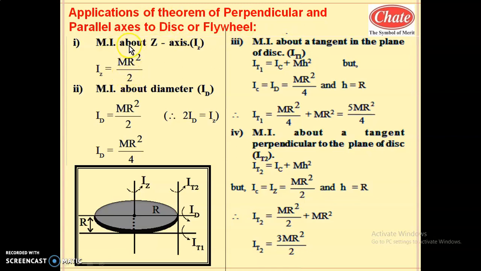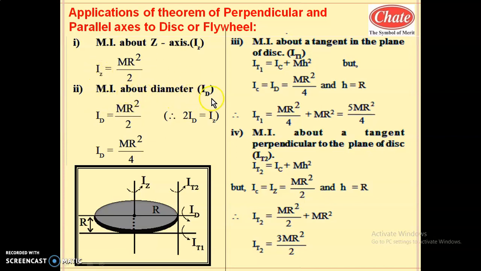About an axis that passes through the center and is perpendicular to the plane, that is denoted by Iz. For the disk, this Iz value is mr square by 2. Now calculating the moment of inertia about its diameter axis. The diameter axis is perpendicular to this Iz.